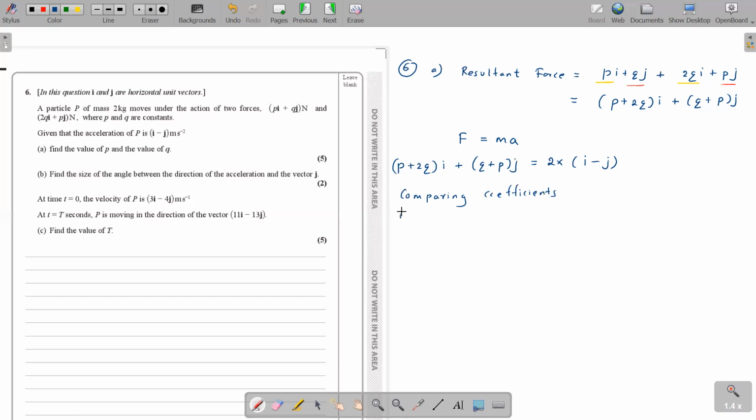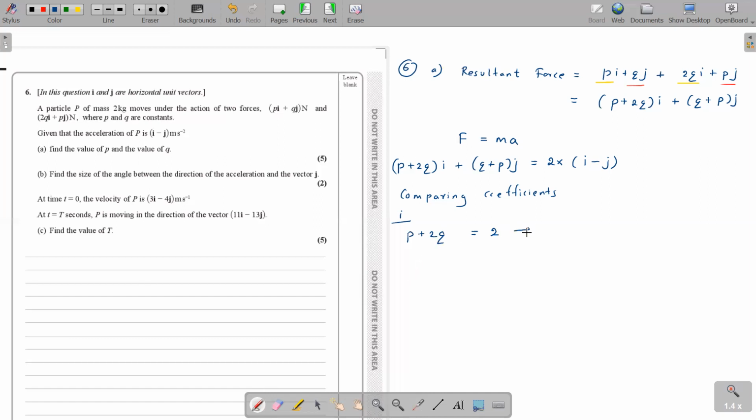So when I compare the coefficients of i, I get P + 2Q on the left side. On the right side, you need to make sure you multiply the bracket by 2, so we get 2i − 2j, which means the i coefficient is simply 2, just the value with i.